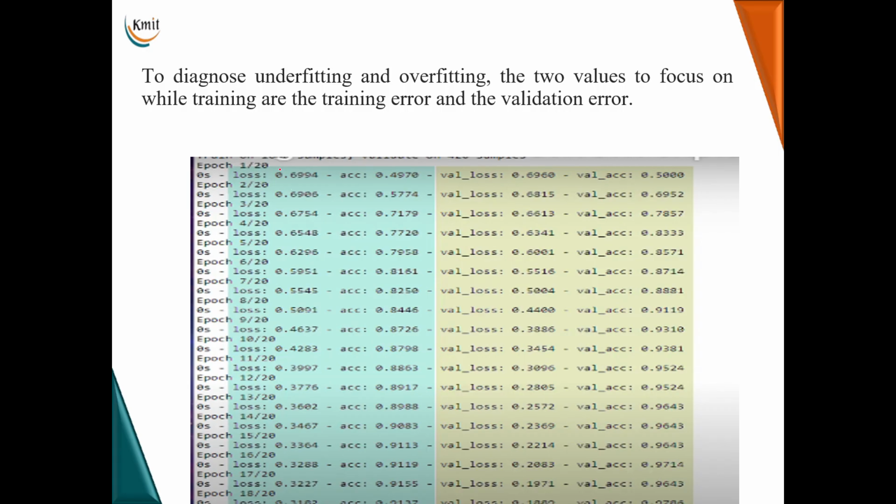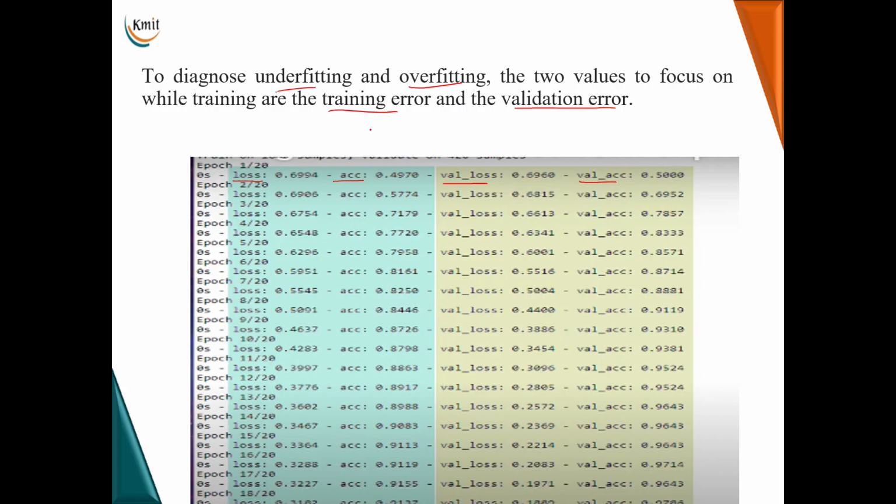To diagnose these two drawbacks, underfitting and overfitting, we will be focusing on two parameters, that is training error and validation error. When you run your program, you can see in the output for each epoch the training loss, training accuracy, validation loss and validation accuracy, displayed for the number of epochs you have mentioned. You can see here the first epoch, second epoch and so on.